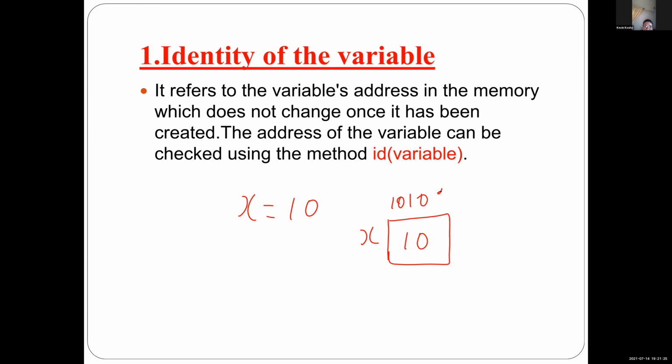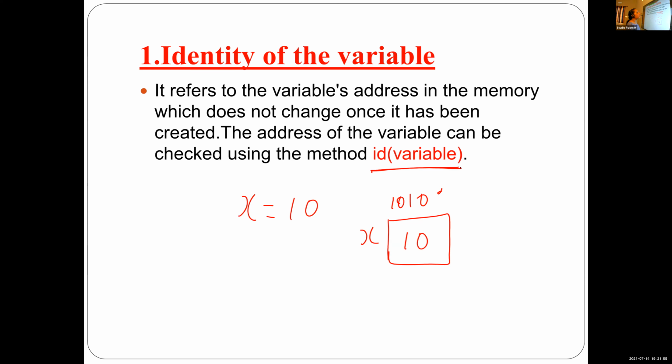Yes, ma'am. So it refers to the variable's address in the memory. We don't know the address. If we want to display the address, we use this statement: id within brackets, write the variable. It will be stored in any memory location, and we don't bother about the memory address.